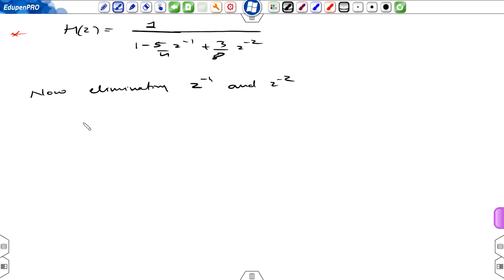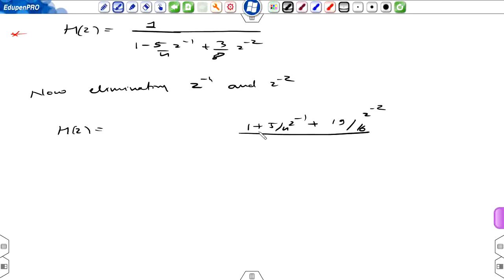Okay, so this can be done by multiplying numerator and denominator by factor 1 plus 5 by 4 Z inverse, and by little calculation you can figure it out that to eliminate this term we need to add 19 by 16 Z minus 2.